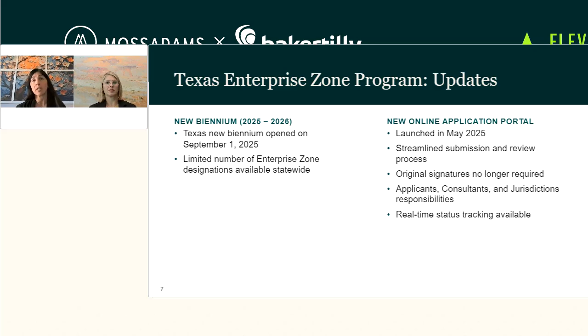So the application can now be completed and submitted through the portal, and that eliminates the need to have it mailed or hand delivered. Again, for those of you who are not familiar with the program, prior to the portal, the application was a binder and it had to be in the governor's office on the date of the deadline of the round. And it either had to be mailed or hand delivered to ensure that the governor's office received it.